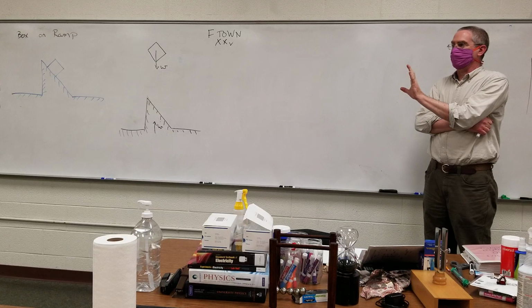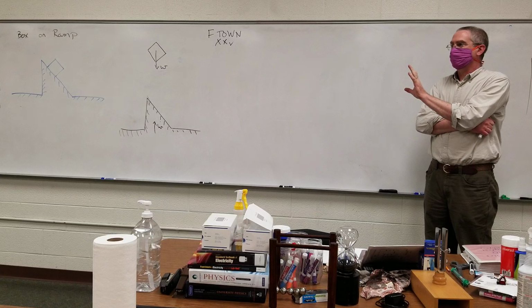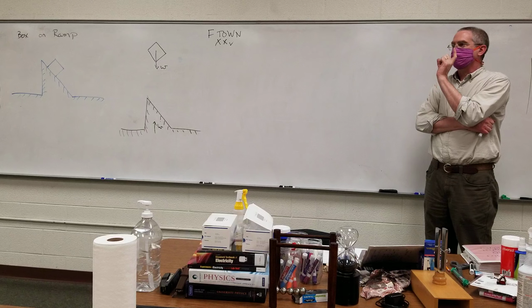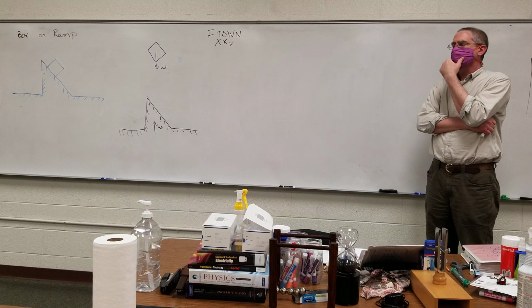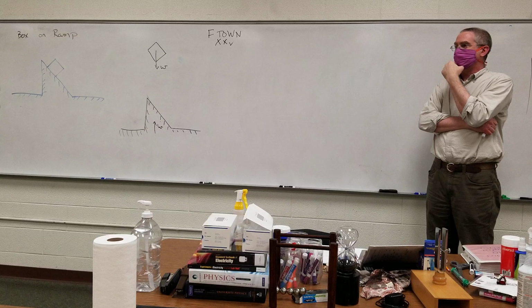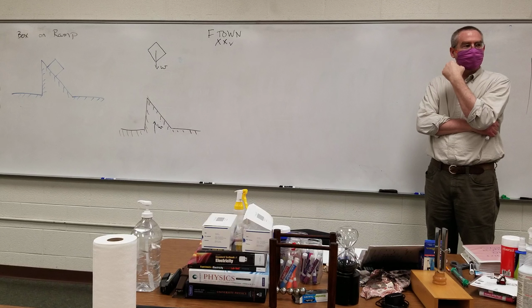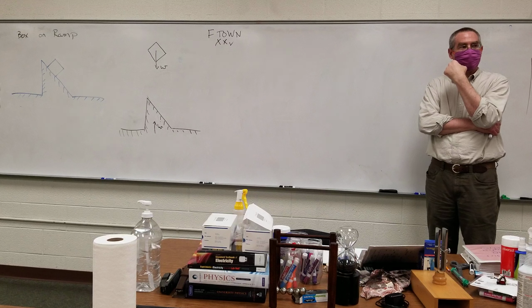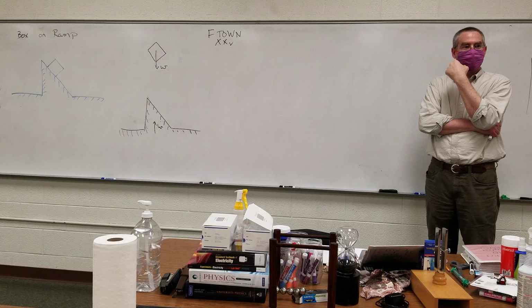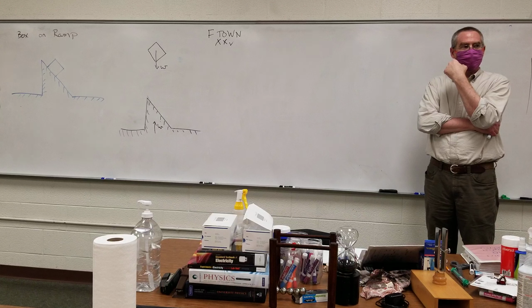Which way is it acting on the box? It's going down, because it's on the ramp. Yeah, but remember, the normal force is keeping one object from going through another. The ramp's not going to let it go through. Okay, so which way is the normal force acting on the box? Down, maybe down.